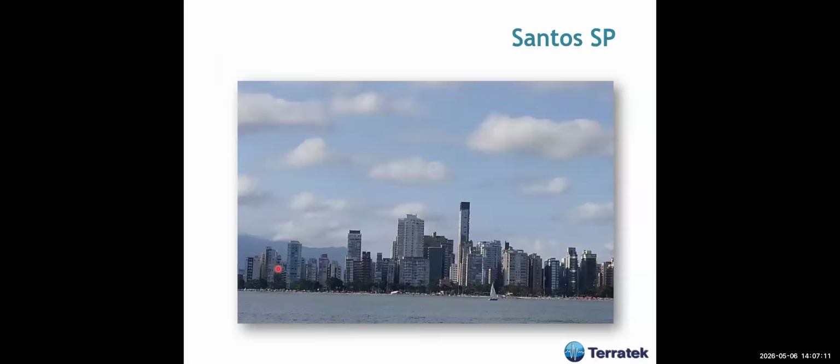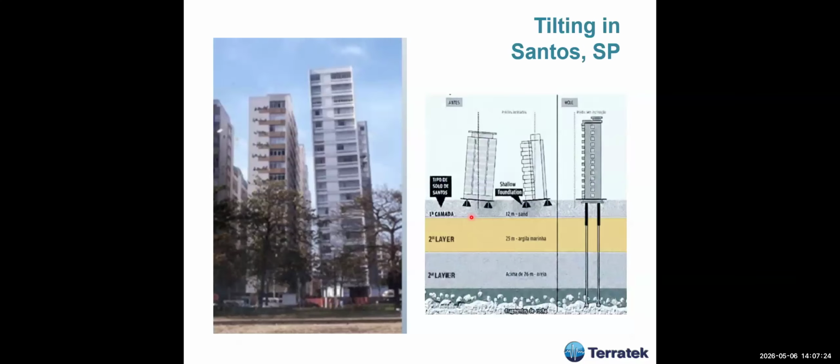This is what happens in the city of São Paulo. As you see, lots of tilting, especially in the very tall buildings. They present tilt, as we can see here, and this has also been very well published in many papers. In the beginning they had a sand layer here, which had very good bearing capacity.